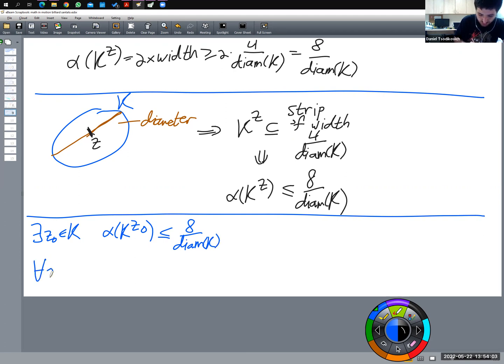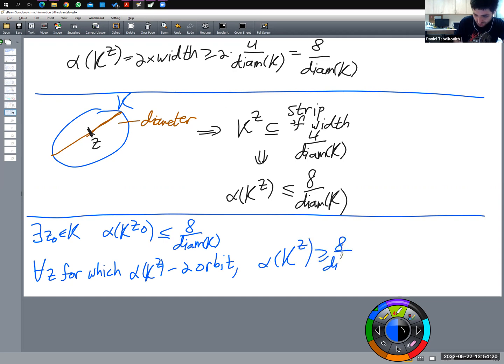And we showed that for all z for which alpha Kz is a 2-orbit, we have a reverse inequality. And so this is what we showed.